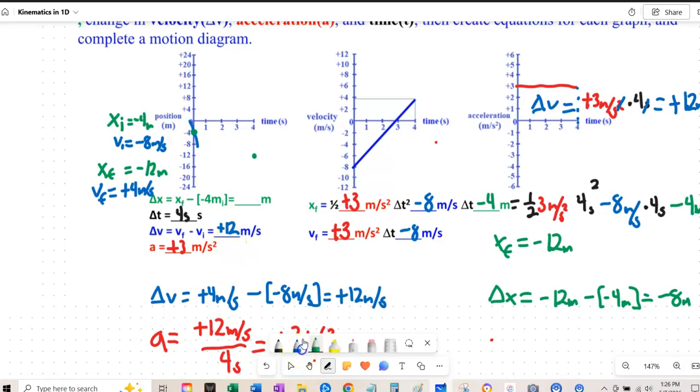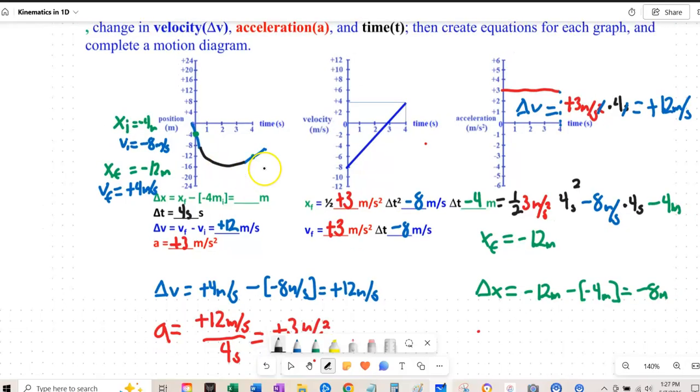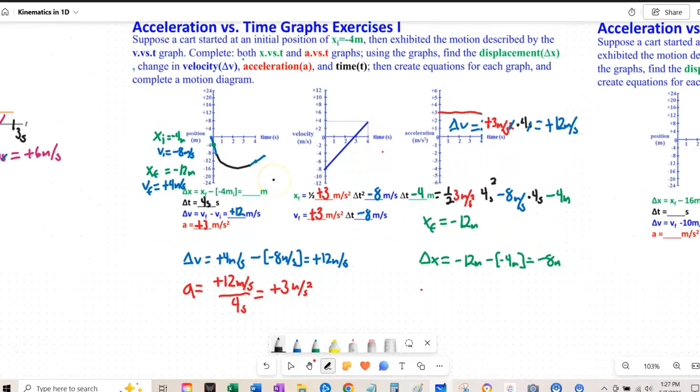And so this slope is, if that's 8, 4 has to be half as level. So I'm going to call that +4. That looks like about half of that. Well, to fill this in, it's going to probably look something like that, or pretty close to it. And so that is what that position versus time graph is going to look like.